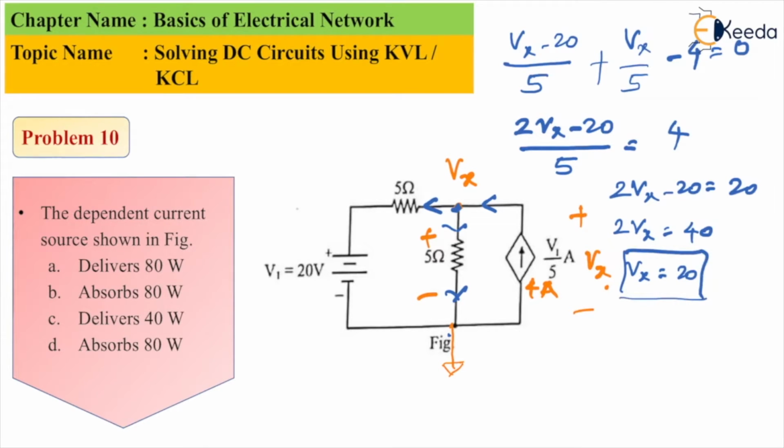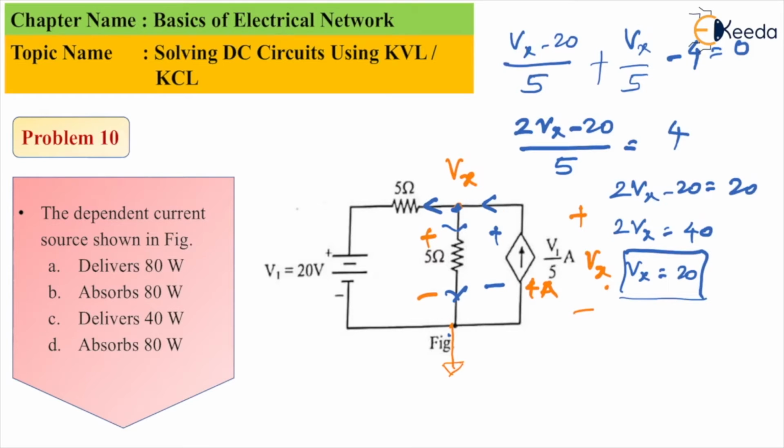So as you can see, the Vx value that we have got is a positive value. Whenever you get voltage as positive, it means the assumed polarity is correct. If the assumed polarity is correct, it means the correct polarity is this, which is nothing but 20 volt. So now, if I redraw this, you will see it like this. The Vx value is positive 20.